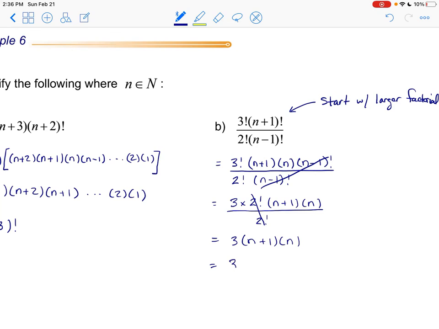So we'll get 3n plus 3 when we multiply our 3 through our brackets. And then we'll do the same thing again by multiplying each of these terms in the binomial by n. So we get 3n squared plus 3n. Now we've simplified all of this at the start down to just that.